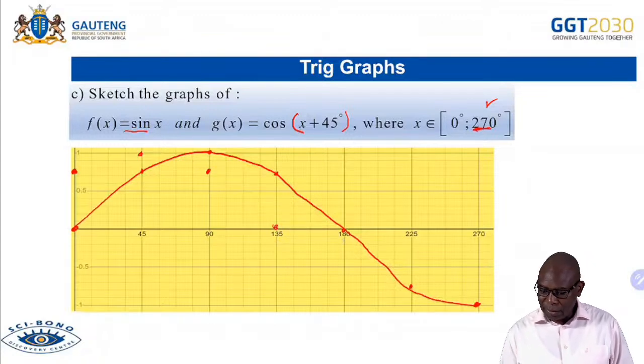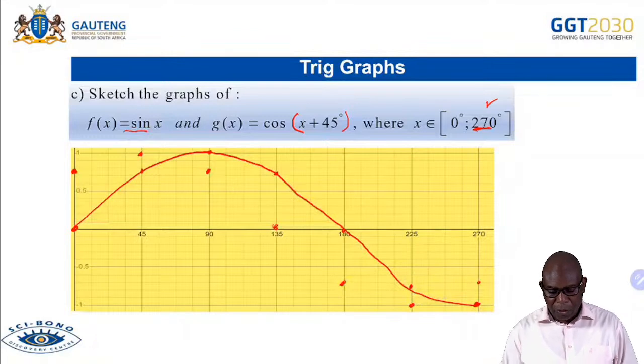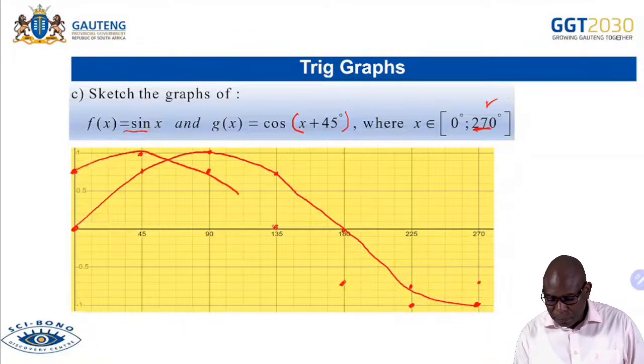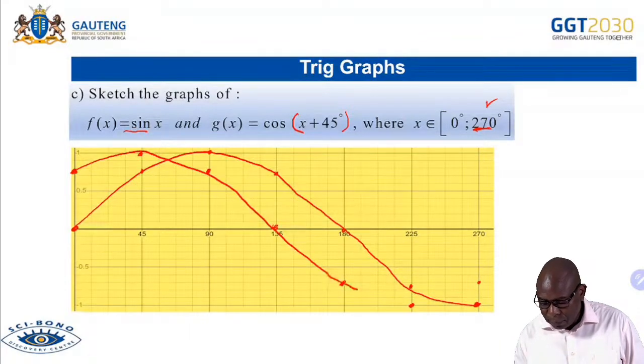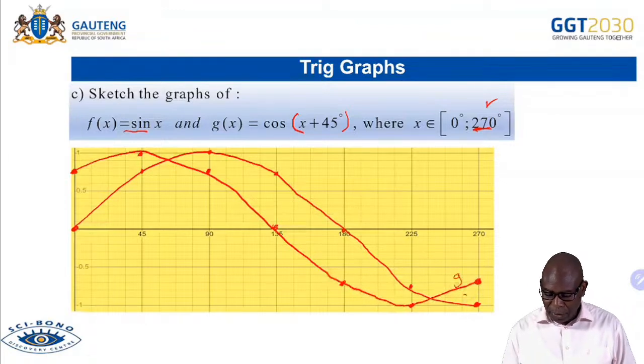Then at 180 degrees, it will be around this point next to -1 there. And then at 225, it will be around -0.7. Then from 270, it will be somewhere there, and from there you do the same. Then you have your graph like that. Then you name your graphs G and F.